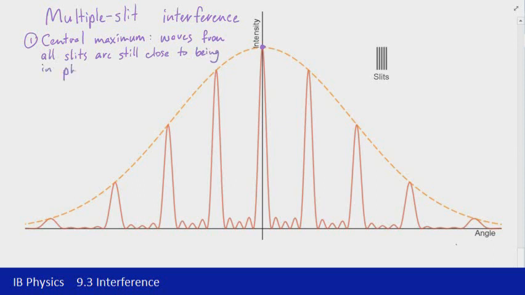The second point deals with these maxima here. So that deals with the nth order maxima, and that is basically the same point, that waves from each slit, or waves from all slits, more to the point, are in phase.